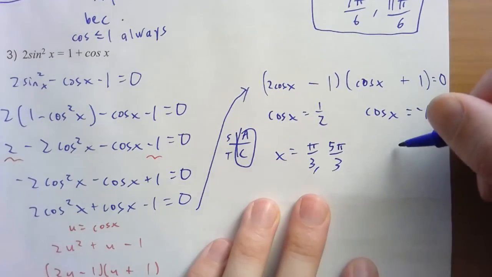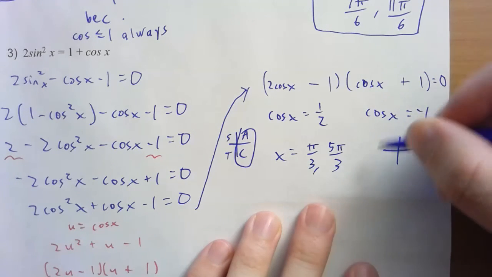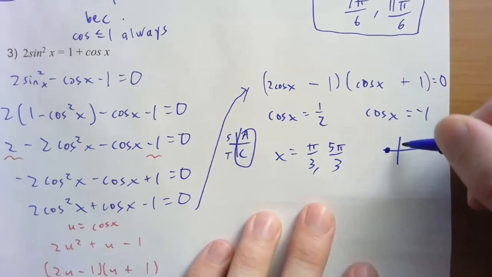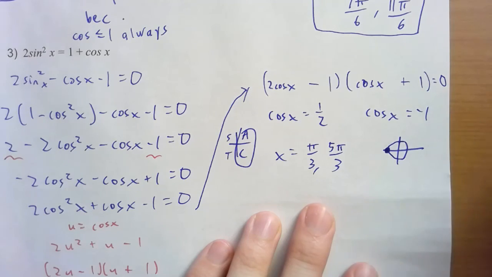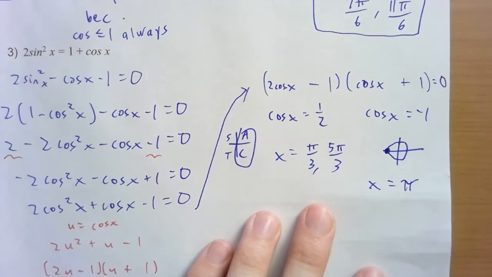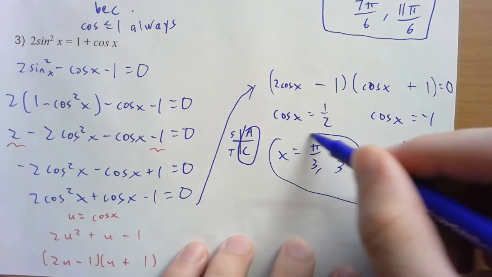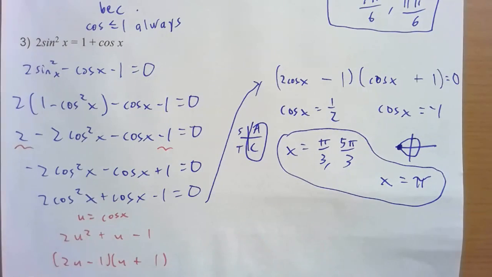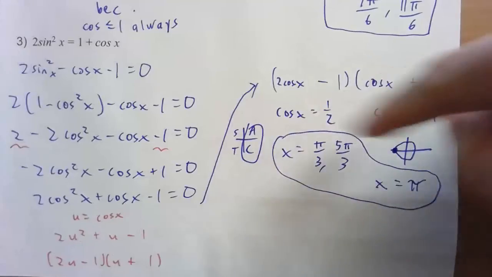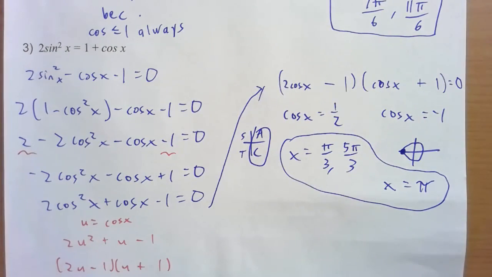And then cosine being negative 1, we want the x-coordinate to be negative 1. That's on the left side of the unit circle. And so that's pi. All right? No plus 2 pi n because we're just looking in the interval 0 to 2 pi. And so this one we do actually get solutions from both branches, and so we just have those 3 solutions all together.